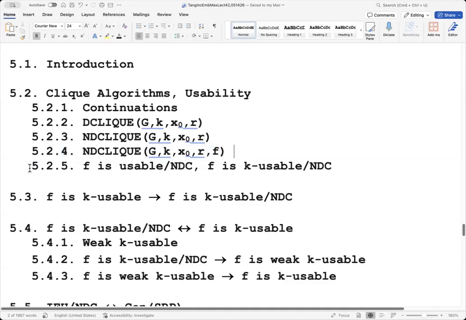And now we define what we mean by F is usable as far as NDC. NDC means non-deterministic continuations, and K usable non-deterministic continuations. We talk about usability there. And then we want to prove a theorem, which I think is false. It has to be changed a little bit, not much. If F is K usable, then F is K usable in the algorithmic sense.